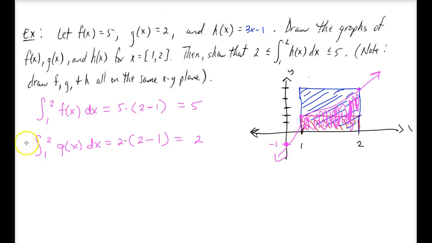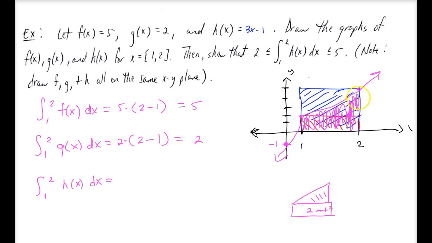And of course, if we take the area under the curve of h of x, I'll do this another way so it'll look more like this, where we know this area is 2 square units, and we just need to figure out what the area of the triangle is here.